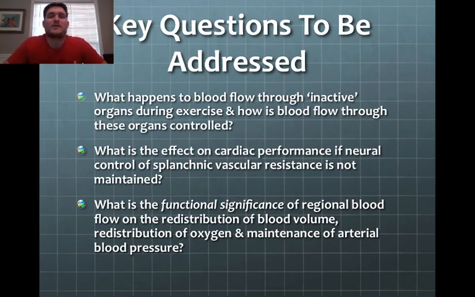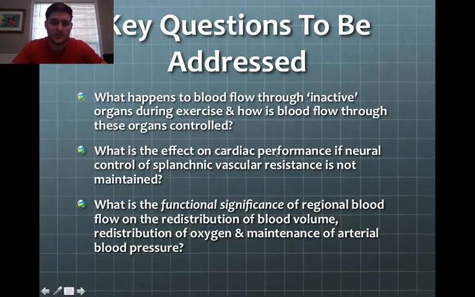But this can come with some issues. So what happens to blood flow through inactive organs during exercise, and how is blood flow controlled? Well, obviously, we're going to have a cutoff in blood flow to help redistribute that blood to the skeletal muscles and the cardiac muscles, which need more of that oxygen.